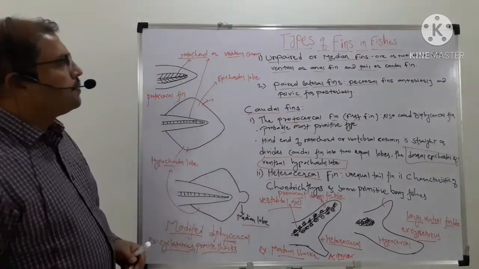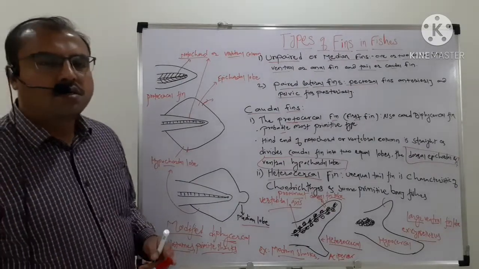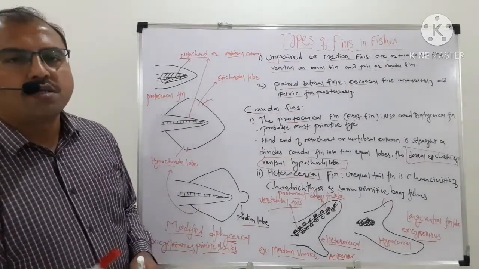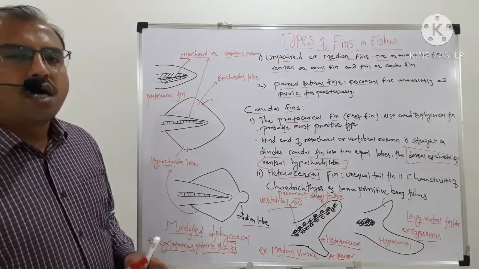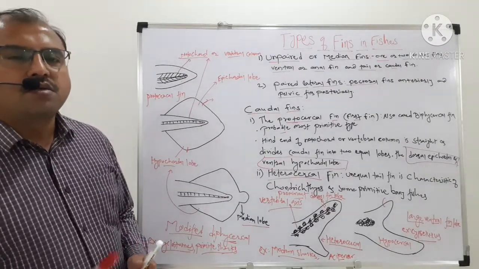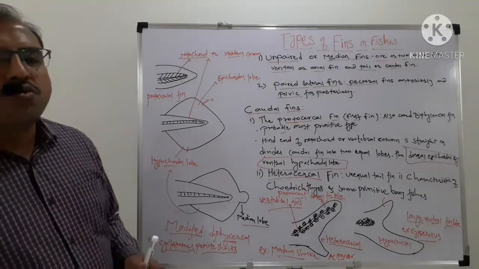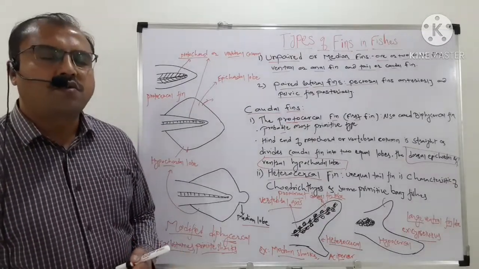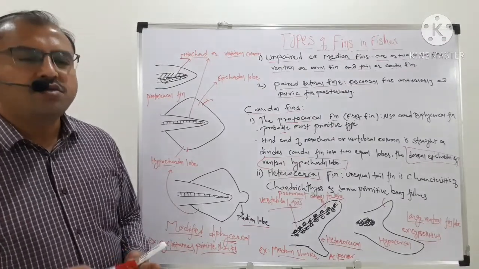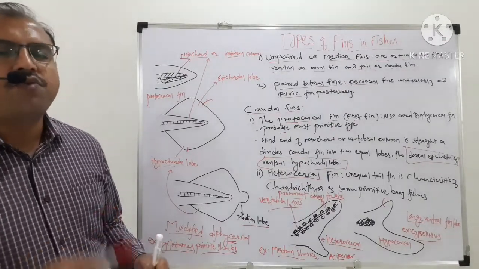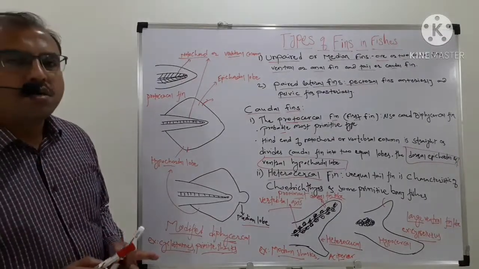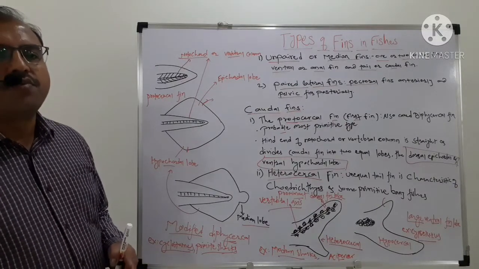Likewise, there are two types of fins in fishes. One is the group of unpaired fins, and another is the group of paired fins. Unpaired fins include the dorsal fin, ventral fin, as well as caudal fin. Paired fins include the pectoral fin and pelvic fin.